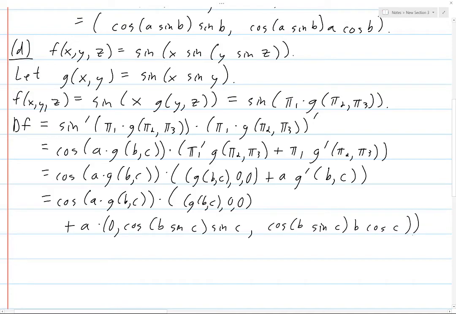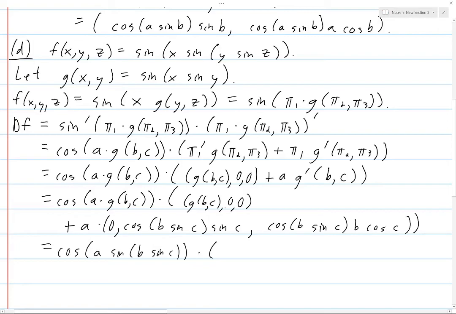Here we go. Okay, so what this ends up with is we've got this cosine here. The first thing is cosine of a times g of bc, that's cosine of a sine of b sine c, so that stays there, times, and the first coordinate in this next term is g of b comma c, which we get from that first term in the sum.